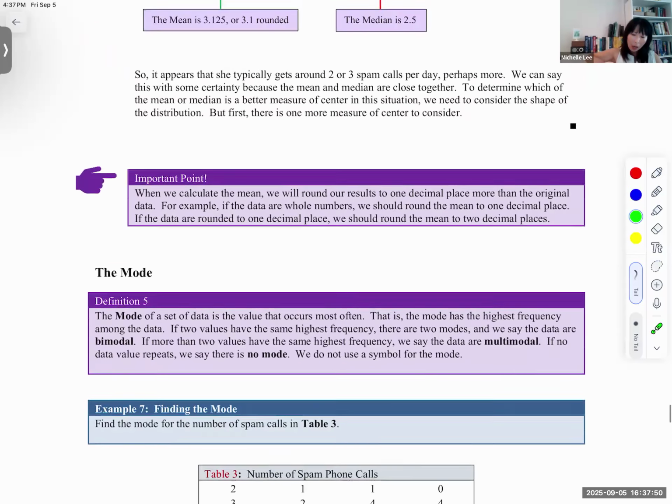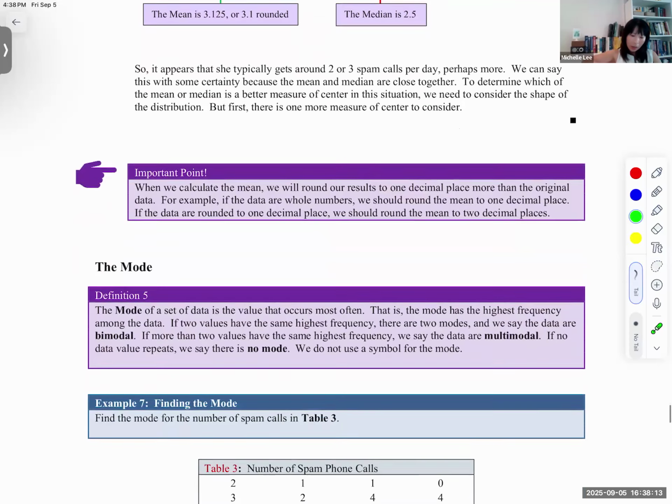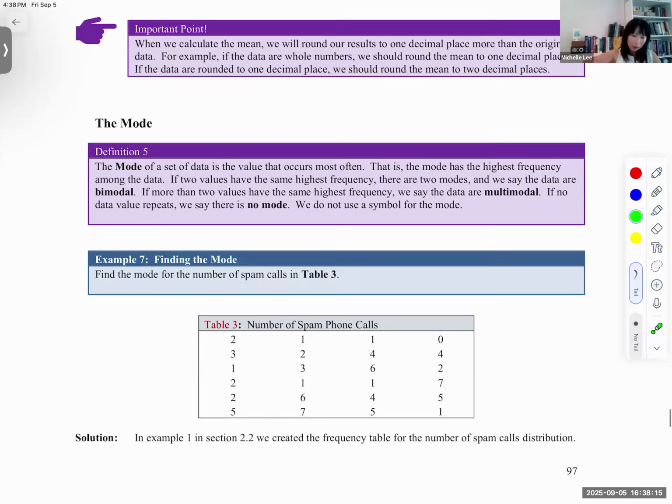That's how we round in this case. So if there is a 3.125 and the original data set is whole numbers, we keep 3.1. If the original has one decimal place, we keep 2.5 with one decimal place.